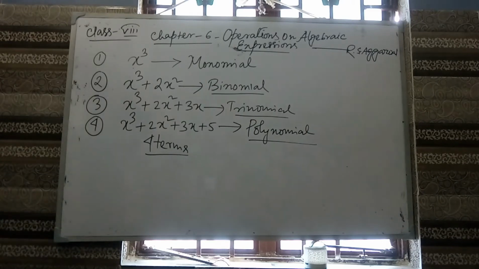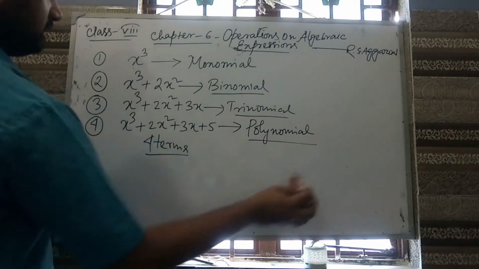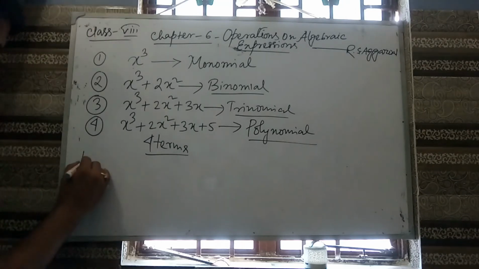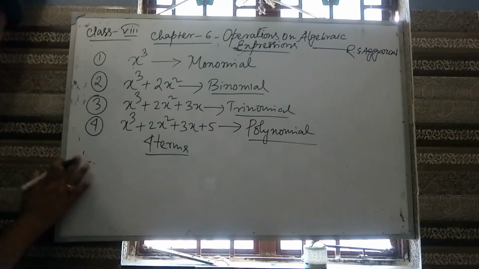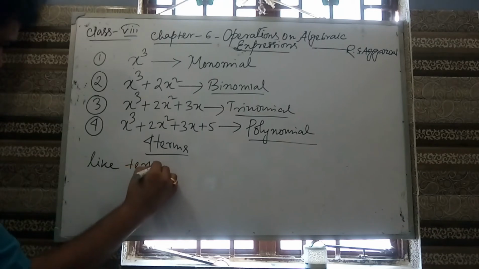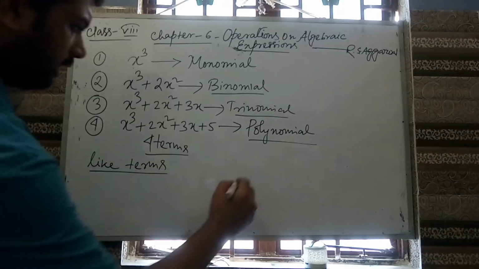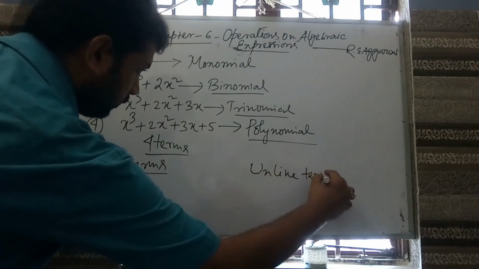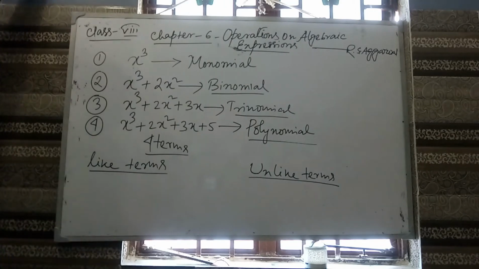Now in case of operation on algebraic expressions chapter, we have to know another thing, that is like terms and unlike terms. Now what are called like terms? It will be clear when I give you an example.